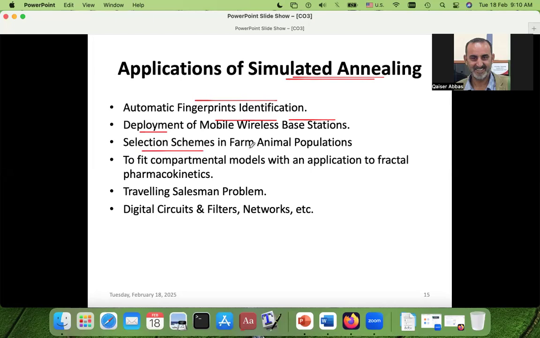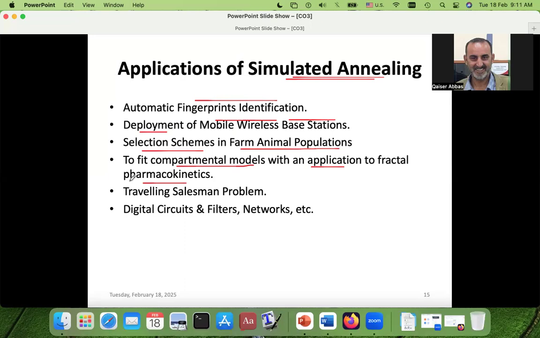Selection schemes in animal populations: from the animals, you want to select some animals to fit compartmental models with an application of fractional pharmacokinetics. This is something in pharma medicine, the study of how medicine acts in your body.